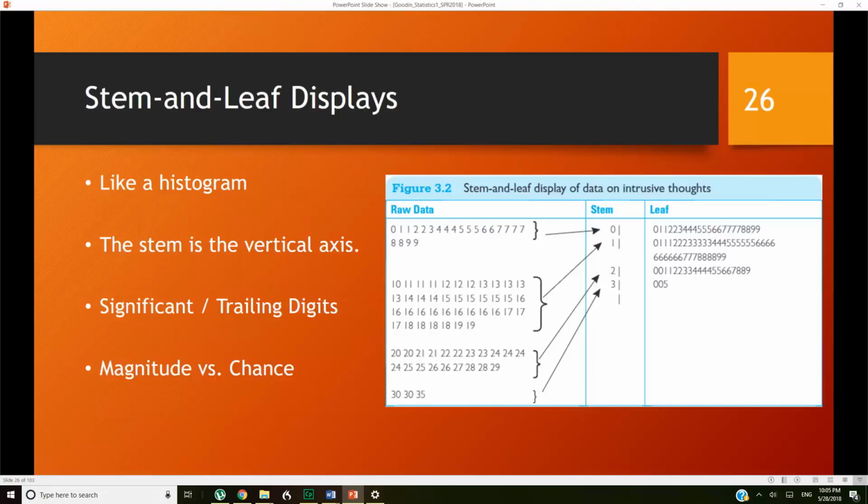In this drawing, they refer to the tens digit 0, 1, 2, 3. The leaves, made up by the trailing digits, are represented horizontally. The shape of the display looks like a sideways histogram. However, some datasets do not lend themselves well to a stem and leaf plot, as they would contain too many leaves.